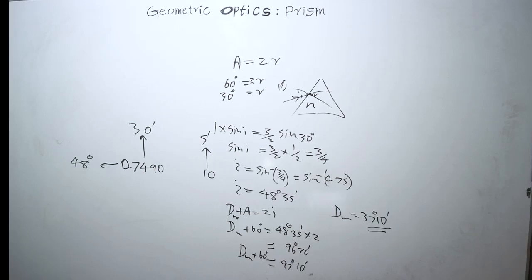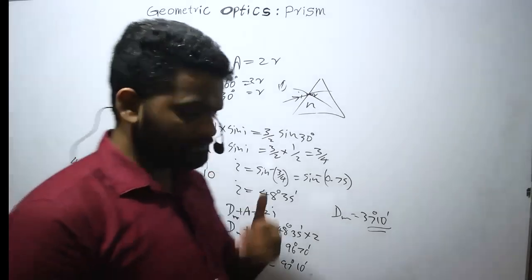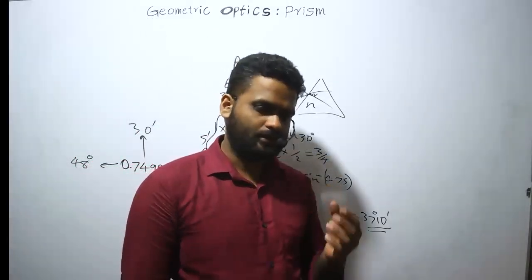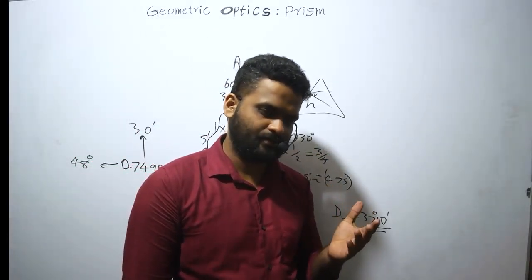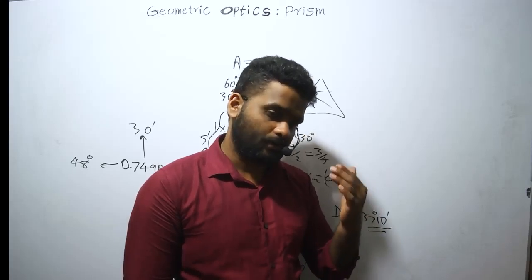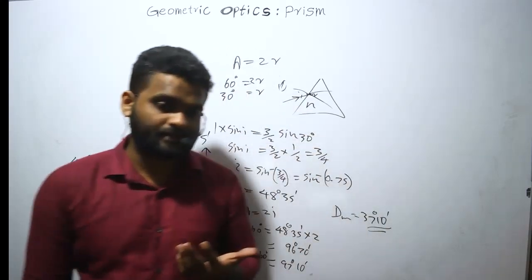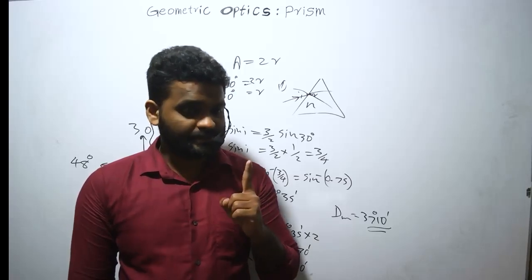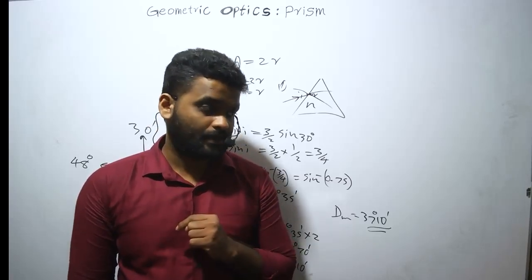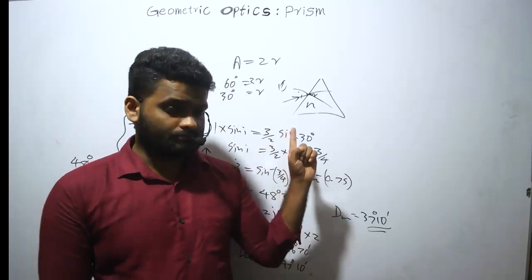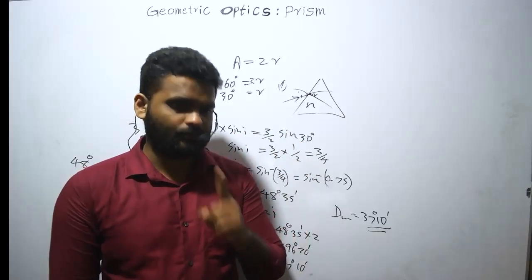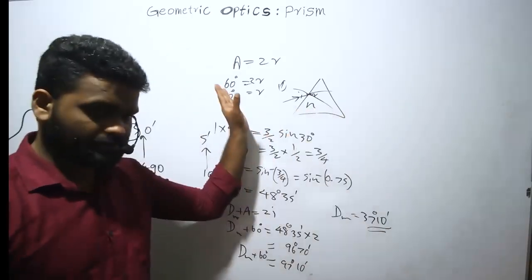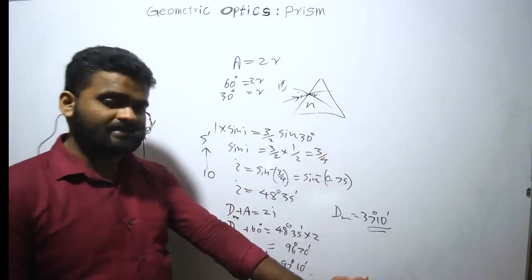So before doing MCQs, there are not a lot of MCQs regarding prisms. You can refer through the book or something, then do past paper MCQs. Before doing them, just do these examples first.